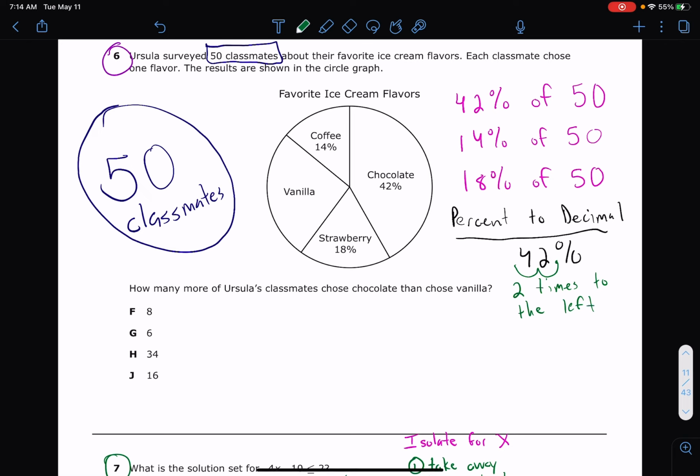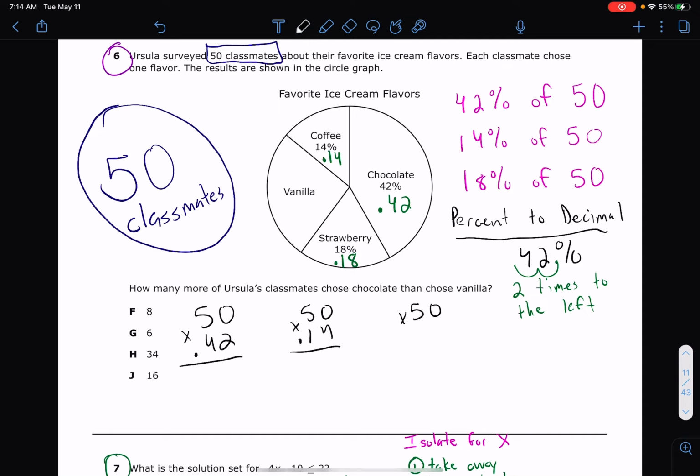Move 2 times to the left, so my decimal is 0.42, 0.14, 0.18. And now you just multiply 50 times 42%, 50 times 14%, 50 times 18%.